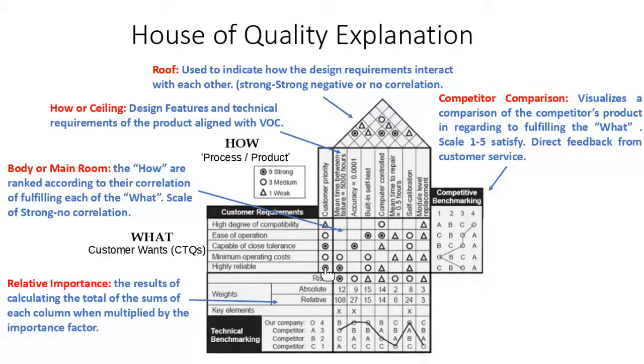It will be clearly identified in the question if something like this happens. This is a rare case to have this row, but sometimes it depends on the application you are using. If the risk row is not given and only the customer priority weight, that means you have to use it. If both of them are given, then it will be specified in the question. You have to use the risk weight to calculate the relative importance.